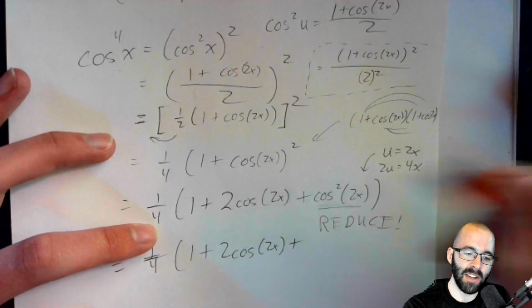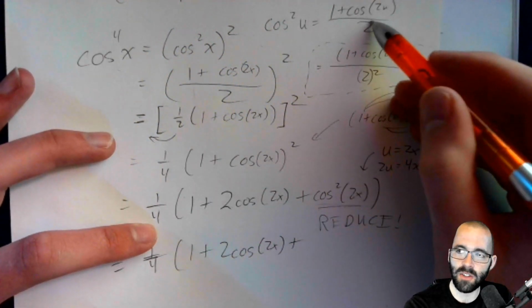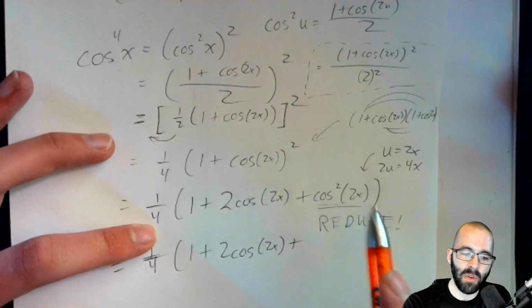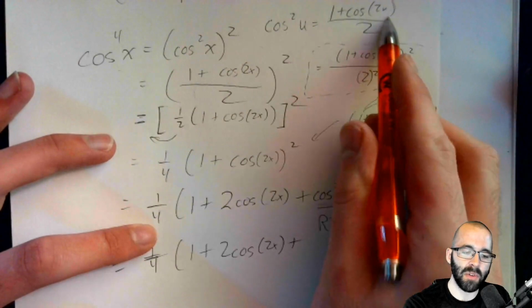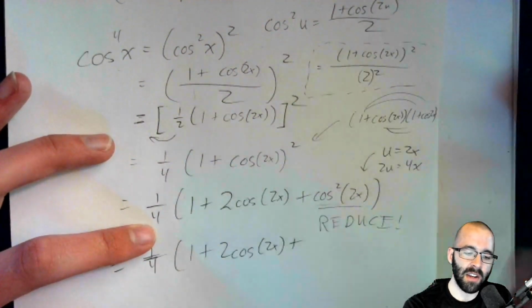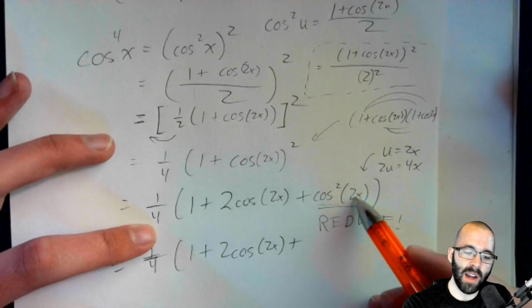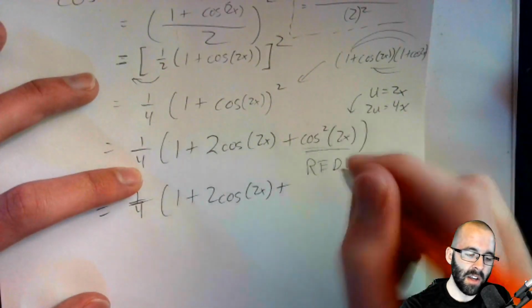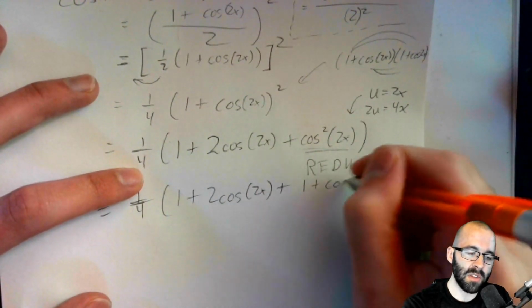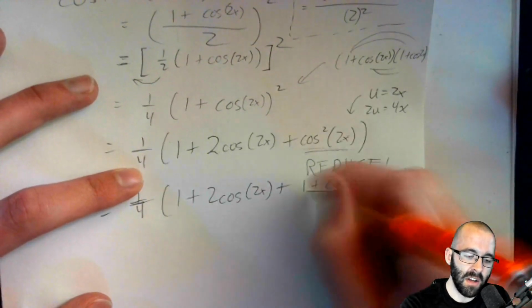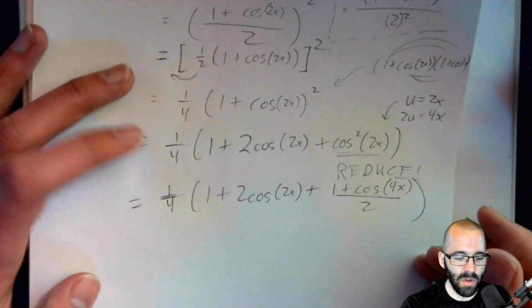U is the angle on the inside, so be careful when you use the second reduction formula. Our angle is different. When you use the reduction formula, the angle doubles. If you have a u with the squared, you're going to have double that angle inside. Here our u is 2x, so watch out for that. So it's going to be, again, 1 plus cosine of double the angle, double of 2x is 4x, divided by 2. Whew!